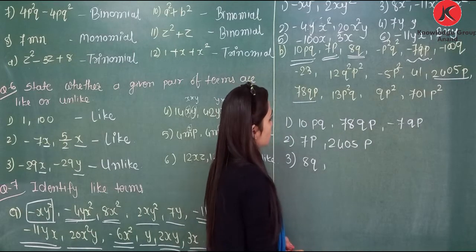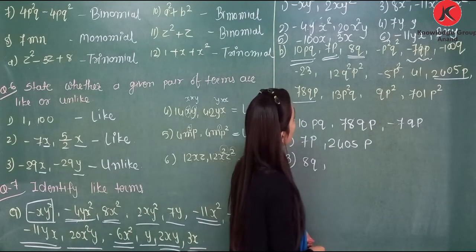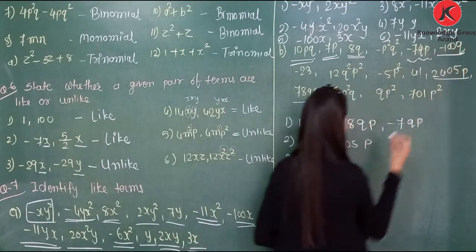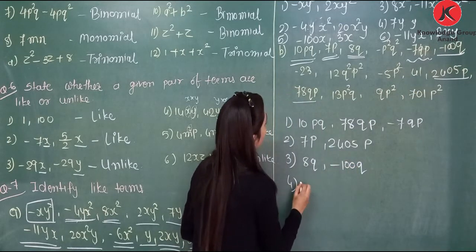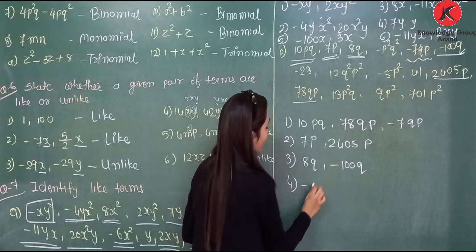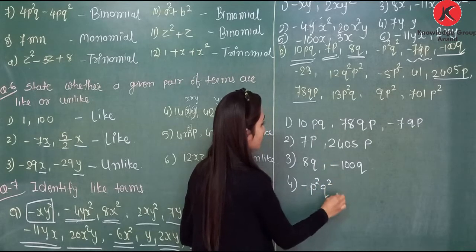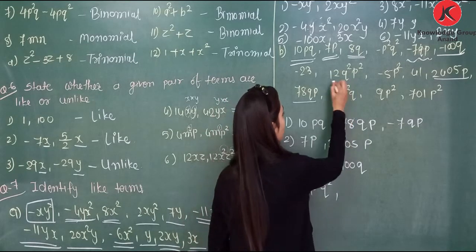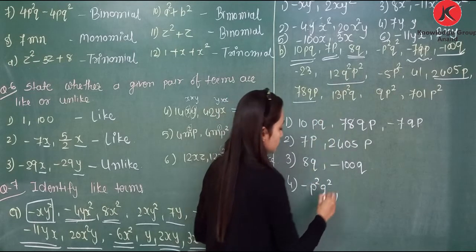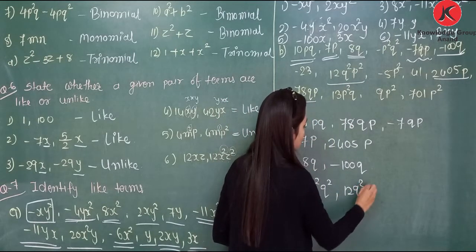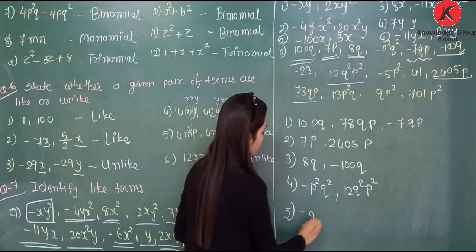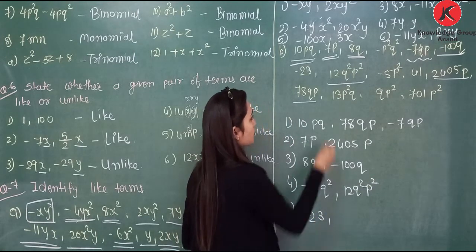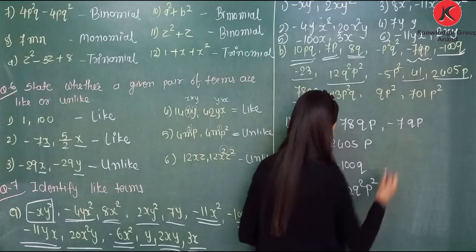Now term with q. It is here minus 100q. Minus 20. Minus p square q square. Now find the term with p square q square. So you can see it is here 12q square p square. Fifth one, minus 23. Find the constant term, 23 and 41.